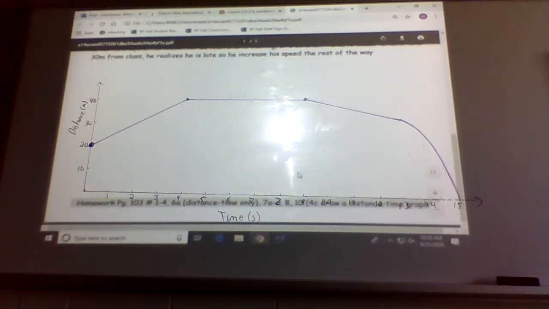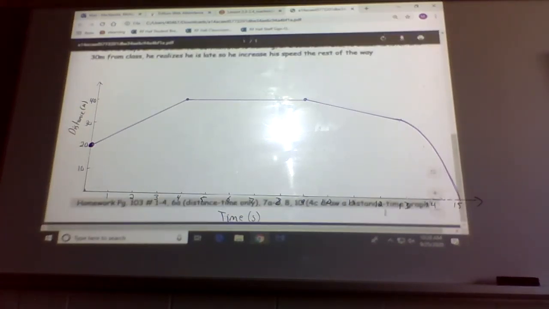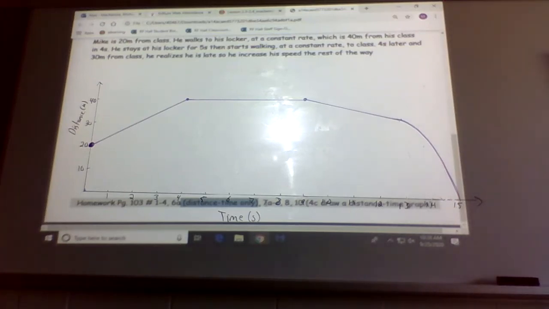Okay, so let me explain this last part. The homework. So it's 1 to 4, 6A, 7, 8, and 10. Just do distance time only. I think it asks you for a distance time graph and a speed time graph. Don't worry about the speed time graph.